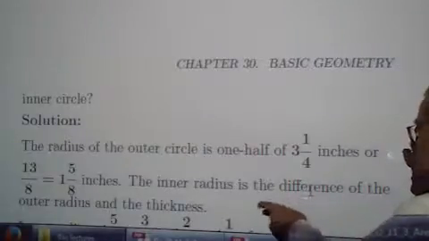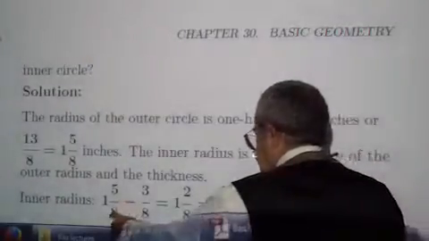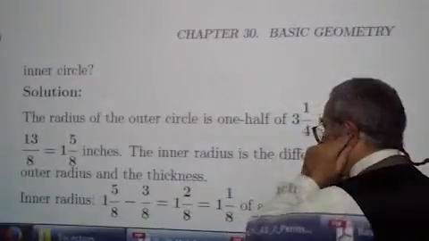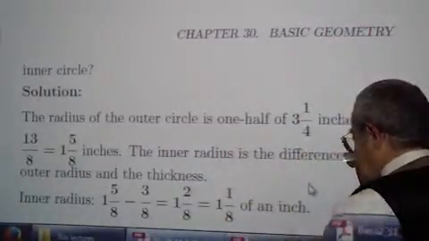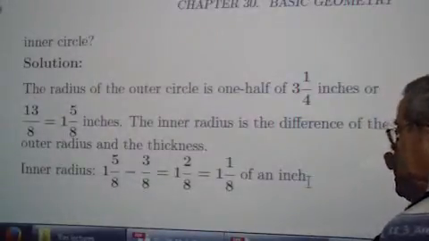The inner radius was the difference between the outer radius and the thickness. The outer radius, 1/2 the diameter, minus the thickness is the inner radius, which is 1 1/8 of an inch. Okay, you got that?